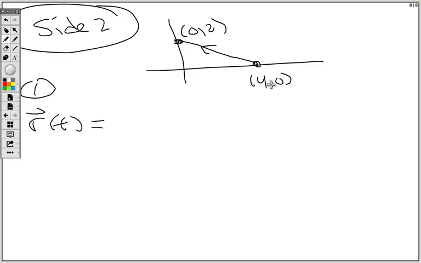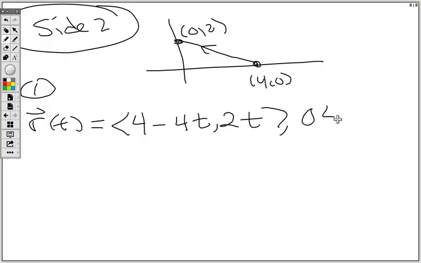So to get our parameterization, we're starting at 4, ending at 0. So the x value we start at is 4, and we're going from 4 to 0, so that's minus 4t. Y starts at 0, ends at 2, so that's 2t. T from 0 to 1 traces that out.